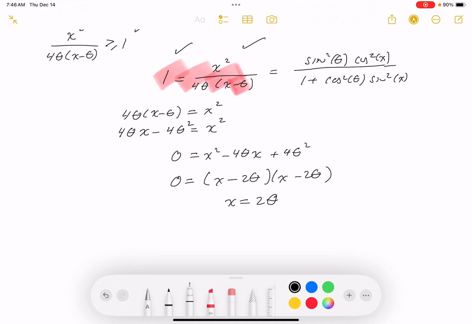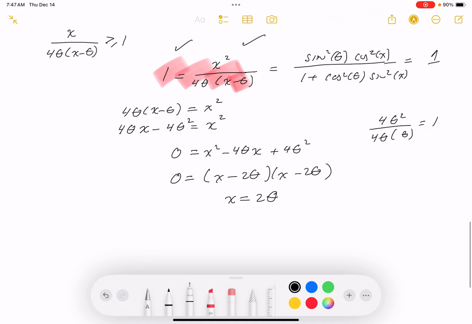So what would you get on top? 4 theta squared. On bottom, what do you get? 4 theta. And then 2 theta minus theta is just theta, which would give you 4 theta squared over 4 theta squared, which would be equal to the number 1. But I'm kind of concerned about this over here, and I want this to be 1 too. When is that going to happen? Well, let me write that down for you.